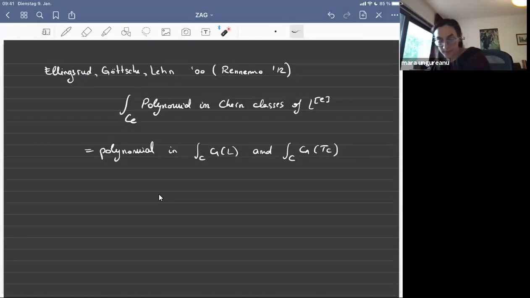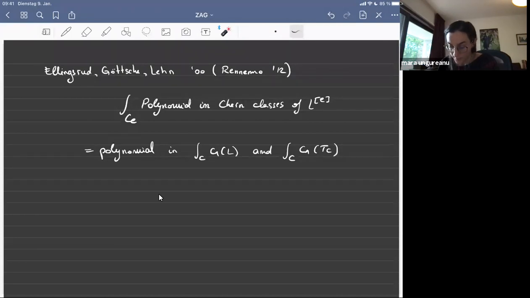Now a really nice tool that I learned recently is this very cool result by Ellingsrud, Göttsche, and Lehn from 2000, which was later generalized by Rennemo. It tells you the following: if I want to compute the integral or the degree of a polynomial in Chern classes of such a tautological bundle, then I'm in luck, because this is going to be a polynomial in the first Chern class of L and the first Chern class of the tangent bundle of the curve.